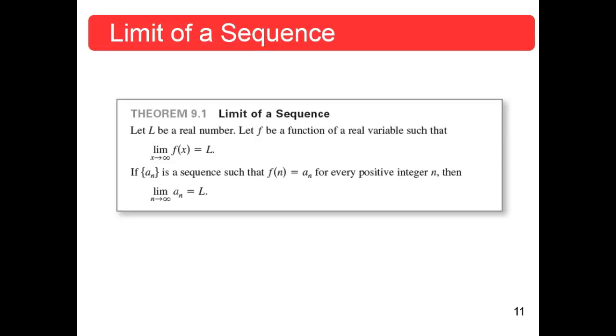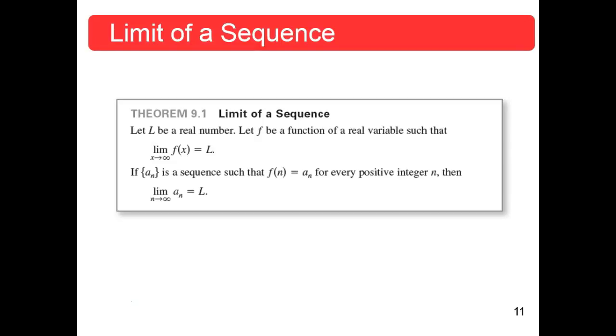Let f be a function of a real variable such that the limit as x approaches infinity of f of x is that number L. If a sub n is a sequence such that f of n is equal to a sub n for every positive integer n, then the limit as n approaches infinity of a sub n is equal to L.